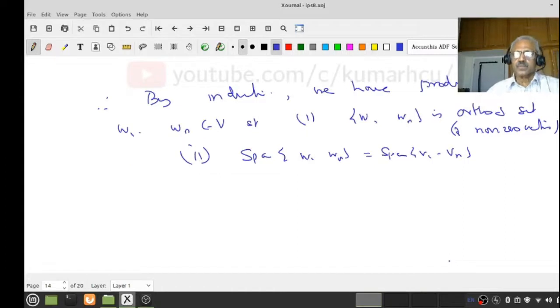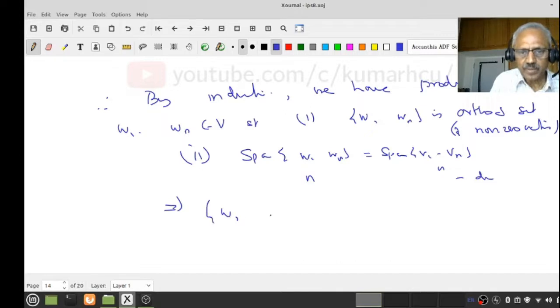But we know v1 to vn is a basis, and w1 to wn has exactly n elements and its span is the same as this. Therefore what do I conclude? You understand that these are n vectors, this is the dimension, and these n vectors span this. So what is the conclusion? w1 to wn is a basis.